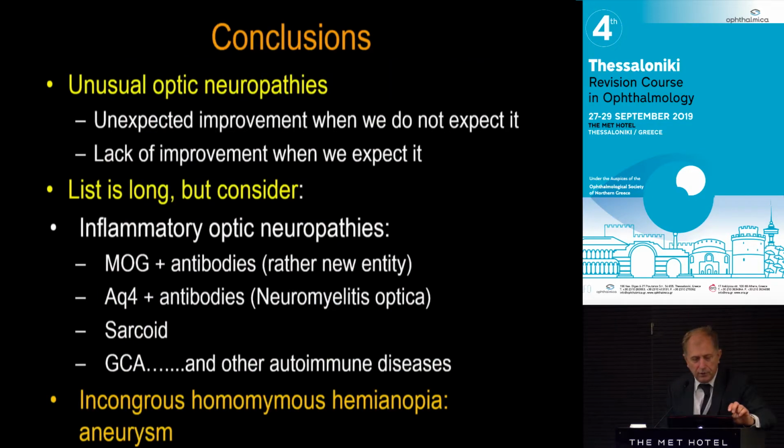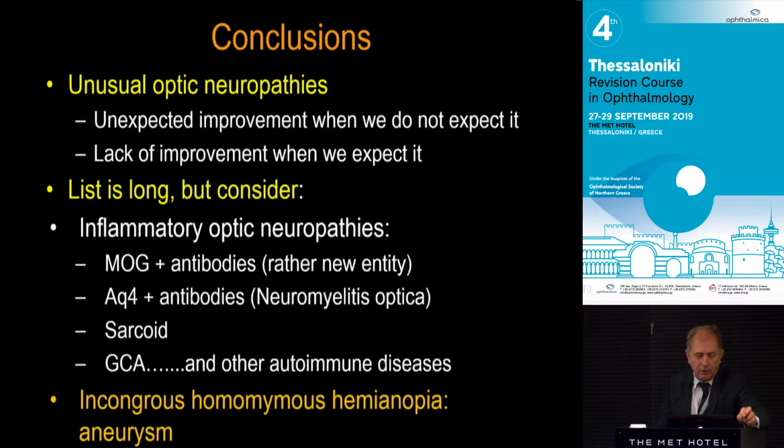So to conclude, you should always think about unusual optic neuropathies when you see unexpected improvement, or vice versa. If you don't see the expected improvement in optic neuritis in a couple of weeks, then you should think about atypical causes, or you should exclude other causes.